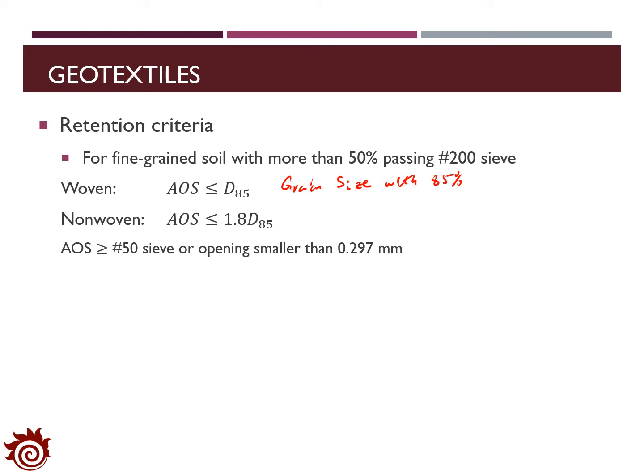And for non-woven geotextile, AOS is less than 1.8 times D85. In addition, AOS should satisfy an additional condition: AOS should be higher than number 50 sieve, which means the opening size should be smaller than 0.297 millimeters.